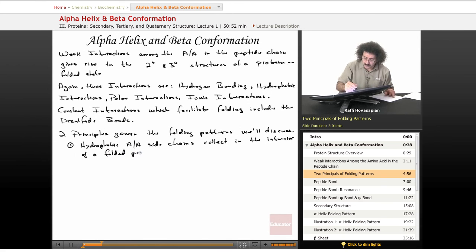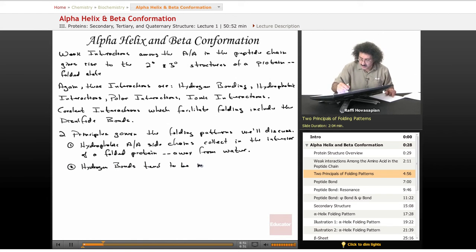Makes total sense. That's exactly what happens. So I'll write, away from water. And two, hydrogen bonds are maximized. Hydrogen bonding is very, very important for protein folding, and hydrogen bonds tend to be maximized.